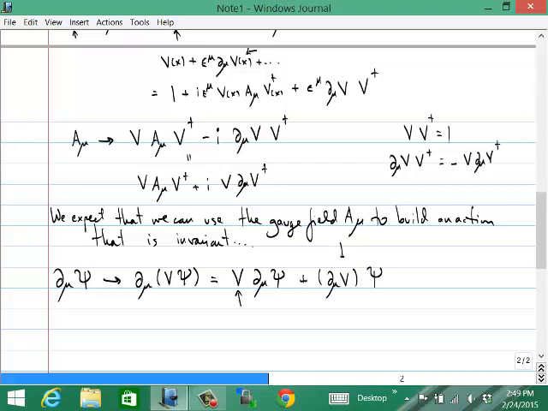So let's compare that to the transformation rule for A mu that we wrote down up here. And you can see that this term right here is exactly what you need to cancel this term here. So in particular, if you think of A mu psi, how does that guy transform under a gauge transformation?